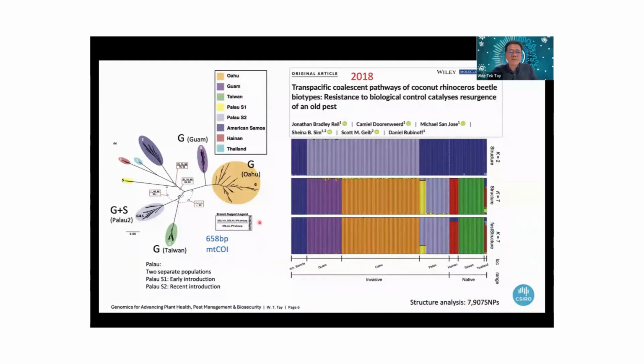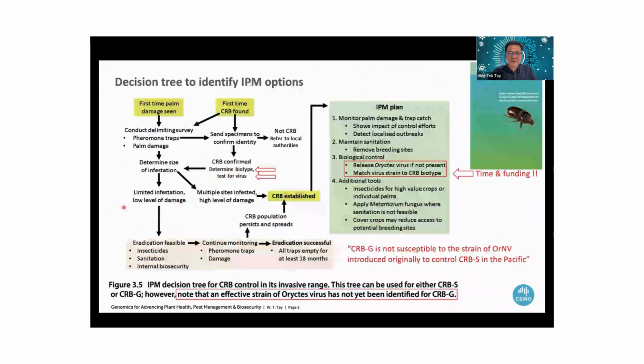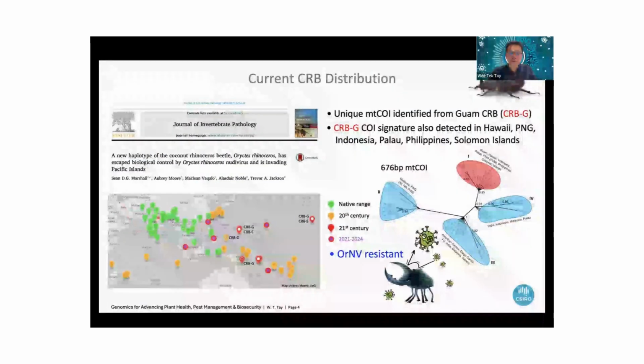What they were able to confirm was that the CIBG found in Guam is also identified in Hawaii, Taiwan, and also confirmed to be present in Palau, which appeared to have two types: the Guam one and the remaining other haplotype, which are CRB susceptible.